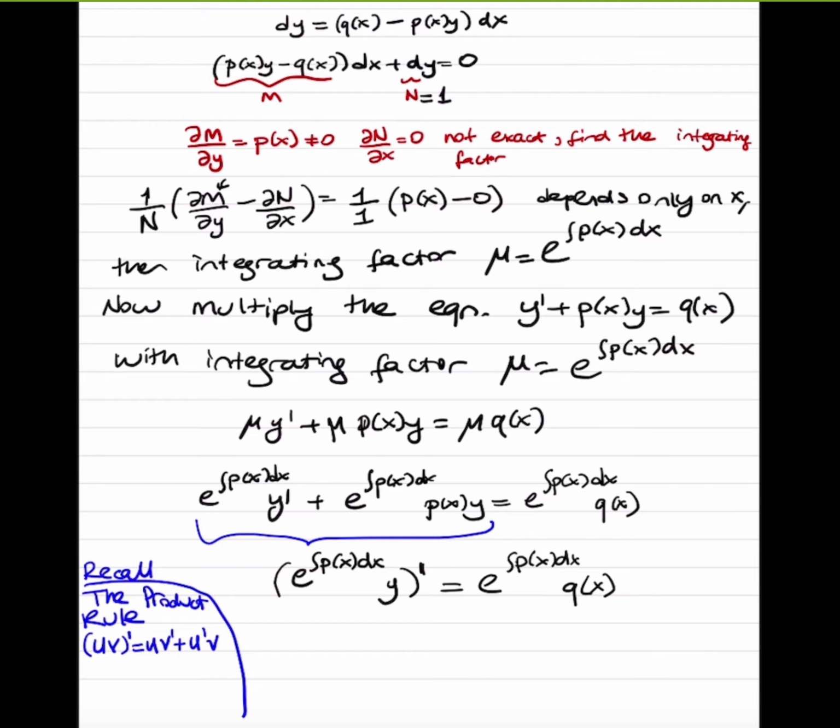And let me remind you how we take the derivative of e to the power ax. It is a times e to the power ax. And here u is equal to e to the power integral of p of x dx, and v is equal to y.